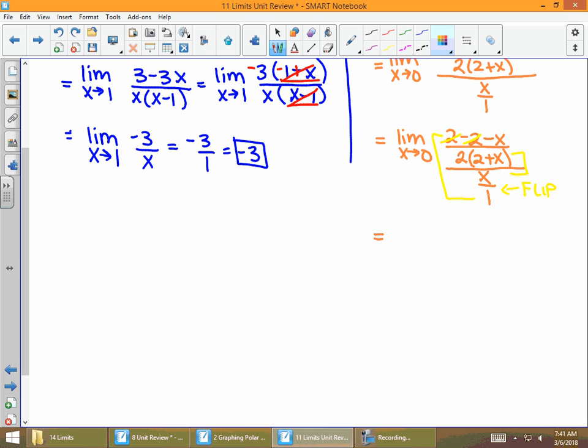All right, hopefully you have that next step written down, and if you do, you're probably already canceling and flying through the problem. Our numerator is going to be negative x times 1, just negative x, and our denominator is x times 2 plus x. So what we can cancel now are those x's, but be careful, you still need that negative on top.